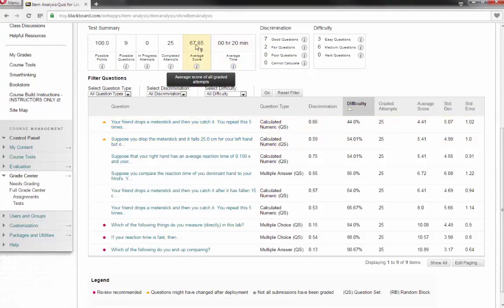I notice the average score in the lab is just shy of a 68. That is with 25 completed attempts. There's actually about 30 people in the class, so that's maybe dragging the average down a little bit. The average time spent on this was a grand total of 20 minutes.